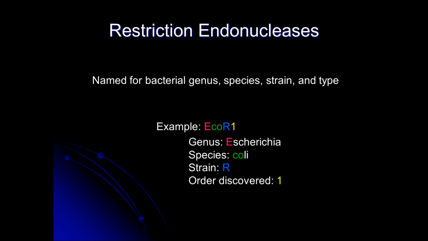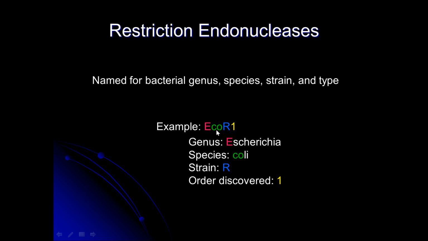Now see, restriction endonucleases from bacteria are named like this. Example: EcoR1. In the first slide you already saw EcoR1. How is this name specific? See, the first letter E represents the genus.